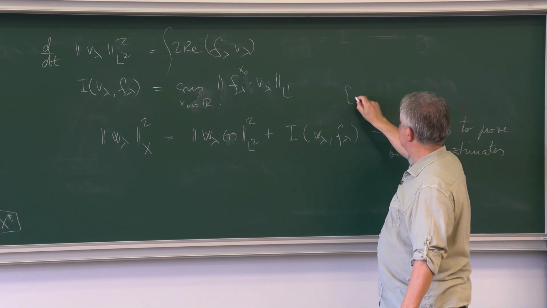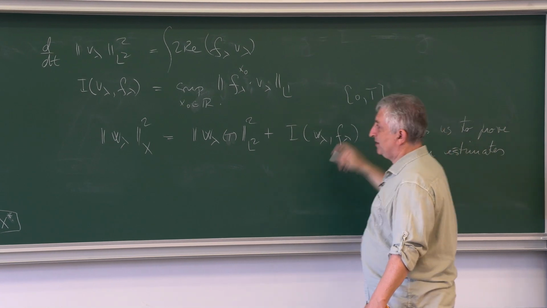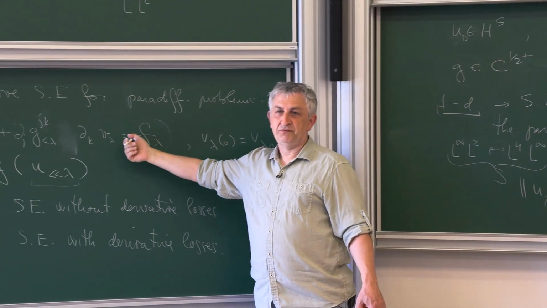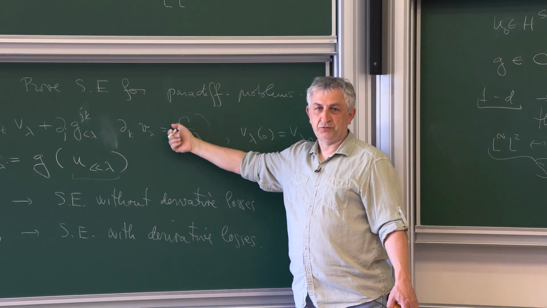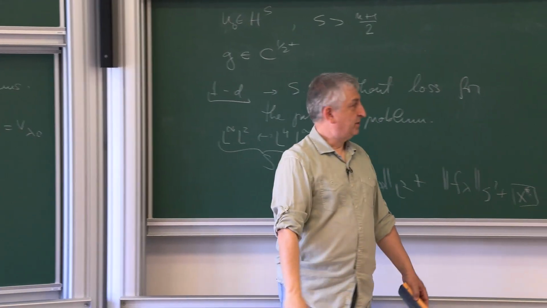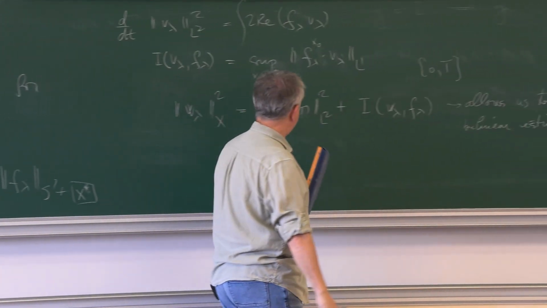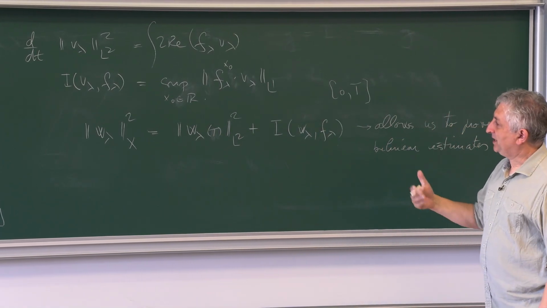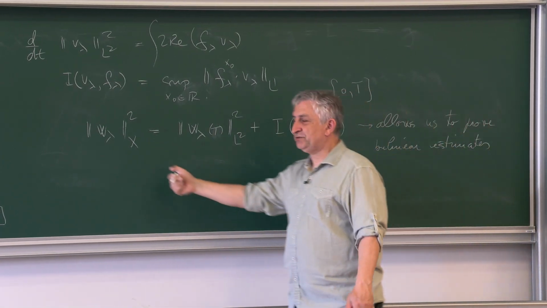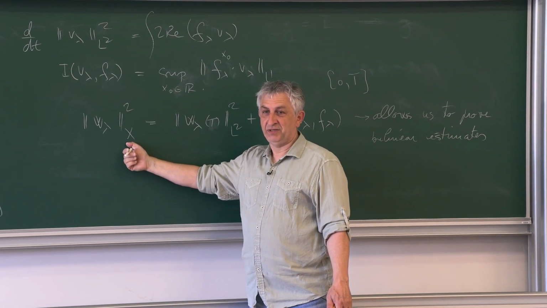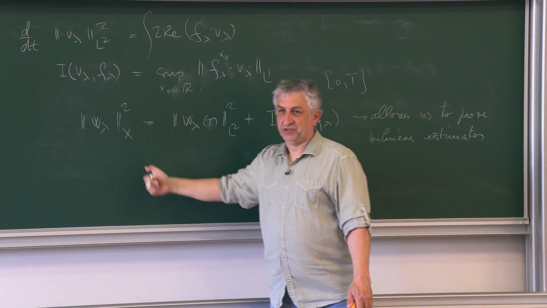Suppose all the action happens in some time interval 0 to t. So the original equation, just for convenience, we solve forward in time from time 0 to time t. And then you have an adjoint equation which looks the same, but now we solve that backward from time t to time 0. It's equivalent if I put here t or 0. In any case, I refer to this as a norm. This is not a norm, just a functional, but it's a non-negative functional.